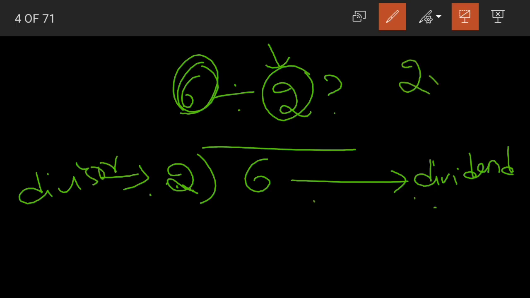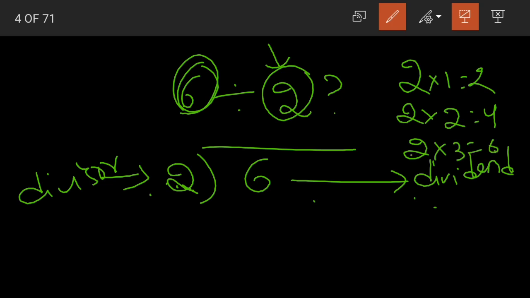Now if you look at the 2 table, 2 ones are 2, 2 twos are 4, 2 threes are 6. Now how many times does 2 come in 6? 2 threes are 6. So this 3 is written on top and this 3 becomes our quotient.